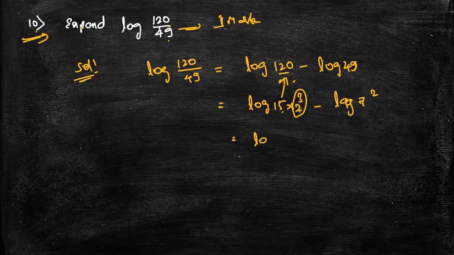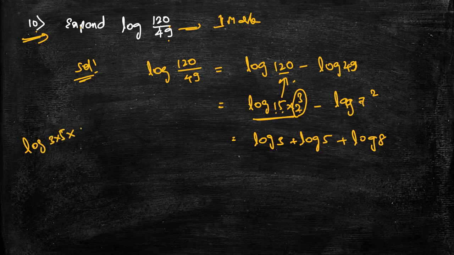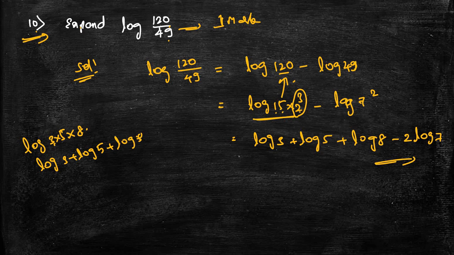Log of 15 I will write as 3 into 5, so log 3 plus log 5 plus log 8. This is the formula, log of m plus n. Minus 2 into log 7 will come. So this is the expanded form of the given question. Now the answer is this one. It is a 1 mark question. Please guys, practice more here.